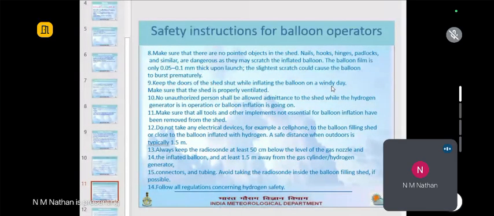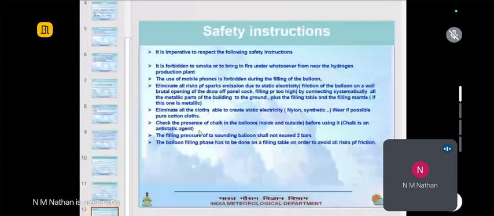Then connectors and tubing: avoid bringing radiation inside the balloon filling area if possible. The sonde should be attached outside the balloon filling area. You should not carry that sonde inside. So all these regulations you have to ensure, which is very essential for safe operations.